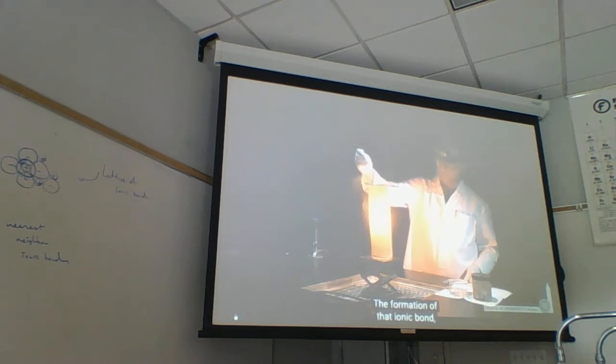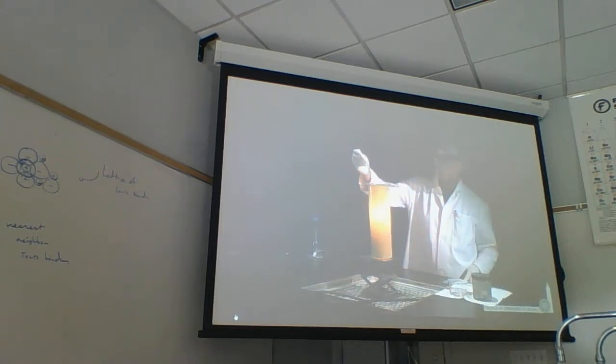The formation of that ionic bond, plus and minus charges attracted together, releases energy, and that's the driving force for this chemical reaction. And you can see that it's exothermic. Energy is being released. Bright red glow, typical of emissions from sodium. Well, actually, most people call it yellow, if you look at the center.